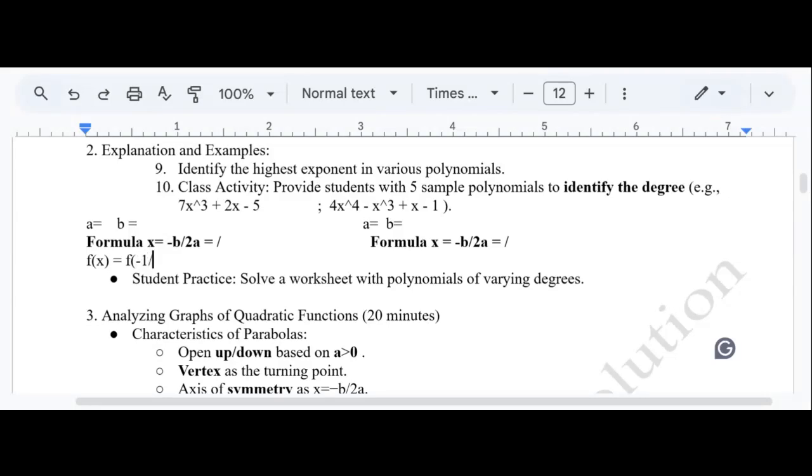Then you find how much it is: 1 over 4, minus 2. What about the second one? Minus 2 over 3, and then 1 over 8. And then you find how much is Y. Okay? That's it. Easy? Move on.